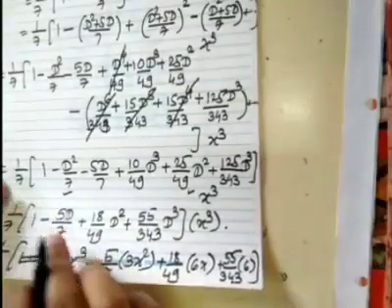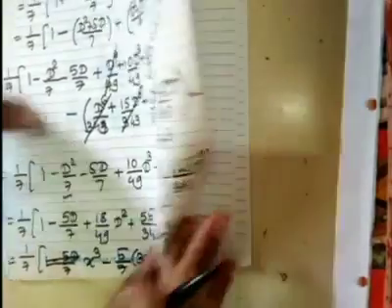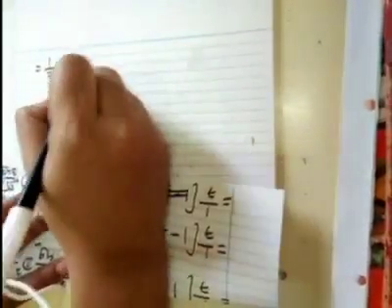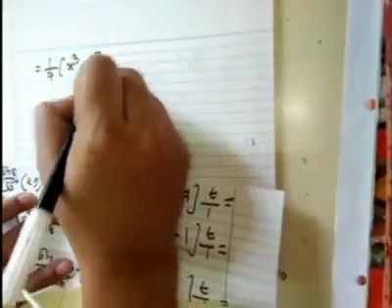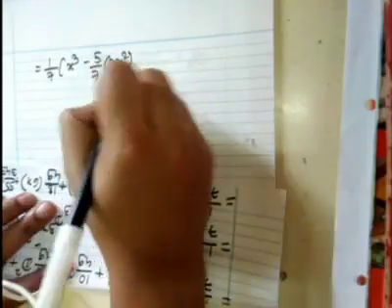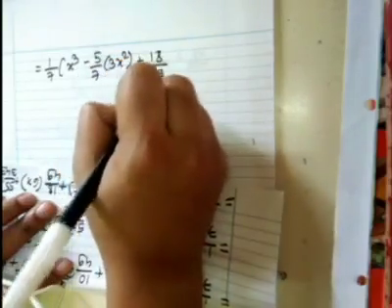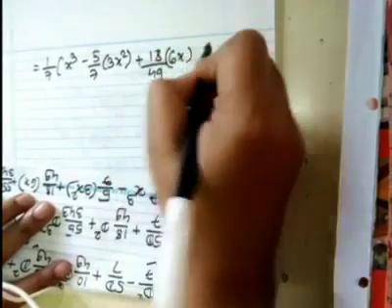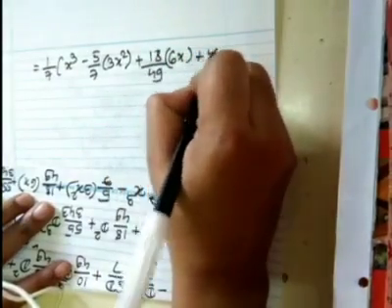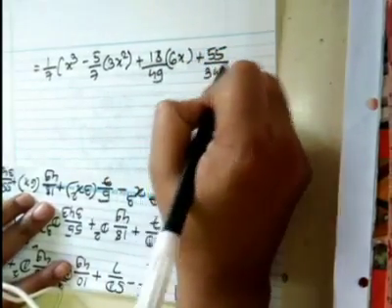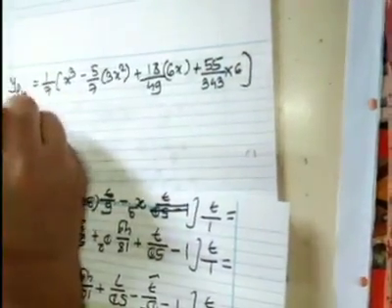So simplifying a bit, we get 1 by 7 into x cube minus 5 by 7 3x square plus 18 by 49 into 6x, I am writing as it is, plus 55 by 343 into 6. Okay, if we can solve, just simplify or let it be as it is.